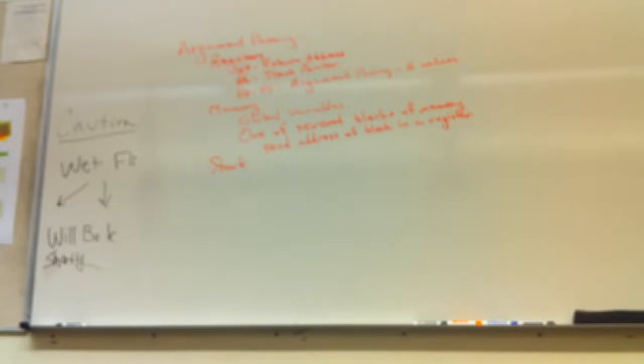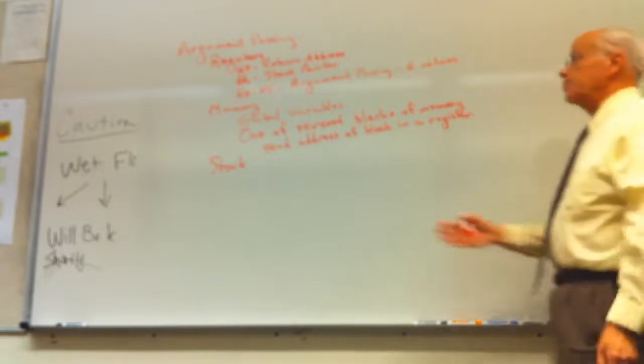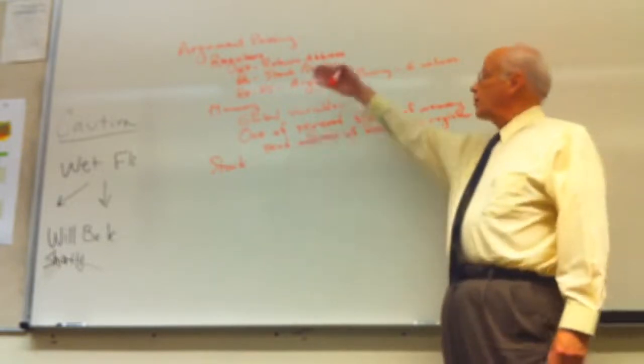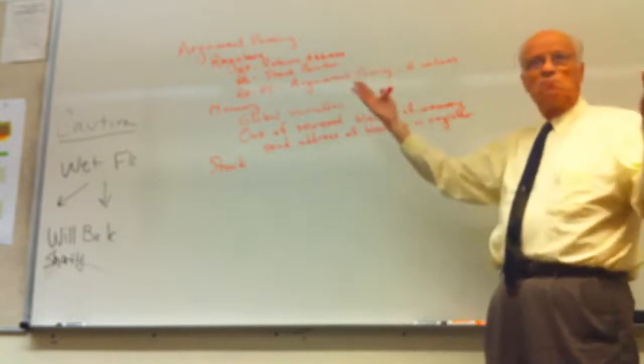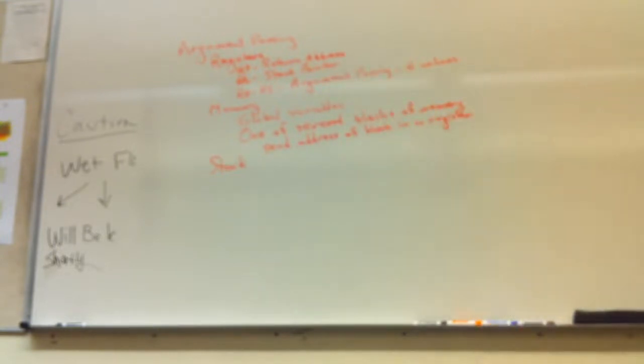So you always pass arrays by reference. That's the way they work. Now, where do you pass that reference? You can put it on the stack, you can put it in a register, wherever.